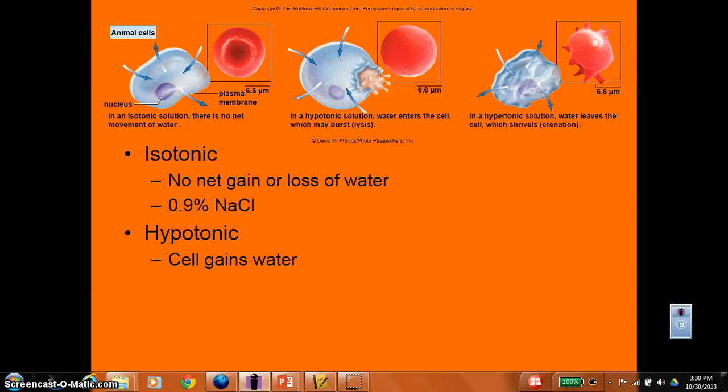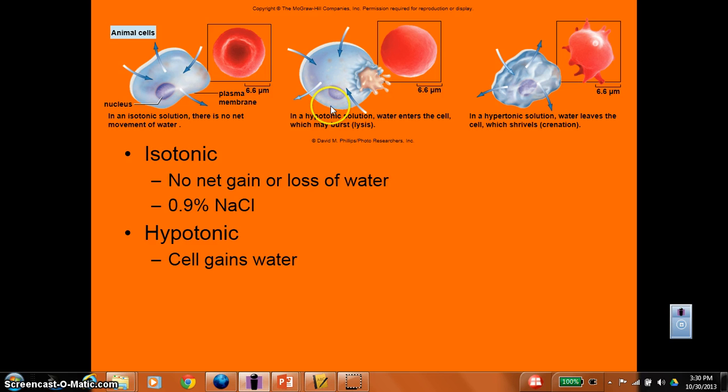Okay, in a hypotonic solution, the cell is going to gain water. The reason it's going to gain water is that the amount of solute out here is less than what's in here. So let's just say it's 5% out here, 10% in here. That means the percentage of water is greater outside, at 95%, than inside, at 90%.